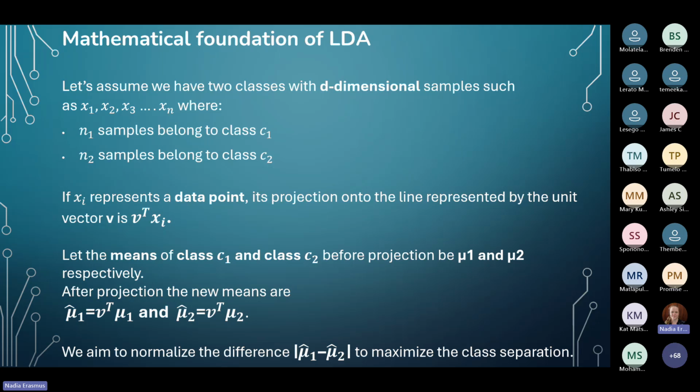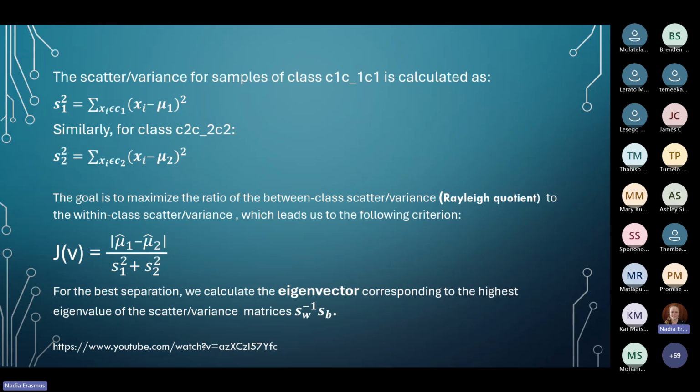So the means, the projected, the predicted new mean that we're going to calculate, and we're going to get the absolute value of it so that we can assume a normalized distribution. And that's going to help us, since the more data we have, the more the data tends to normalize.